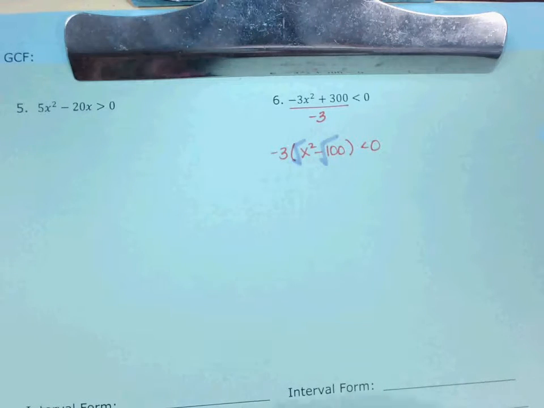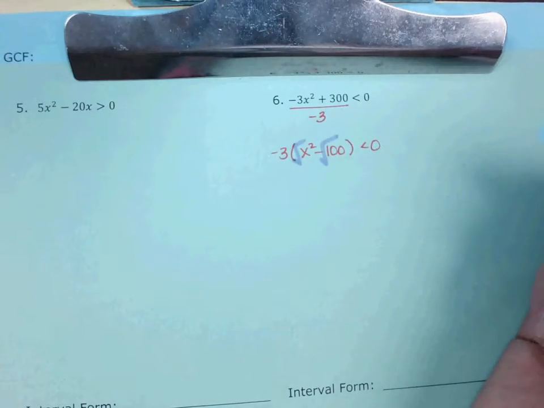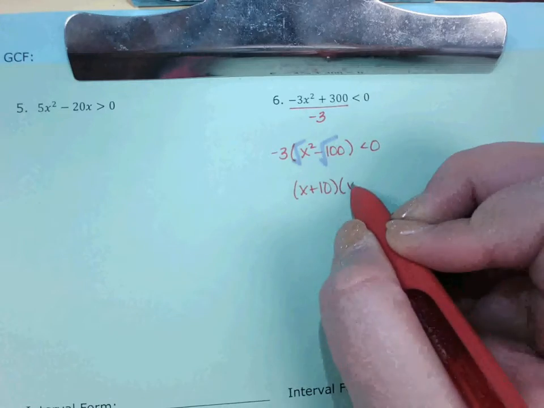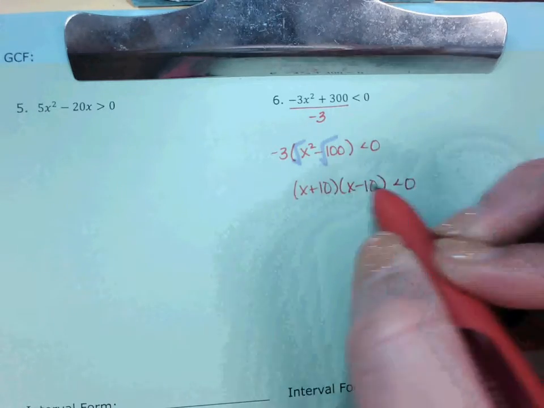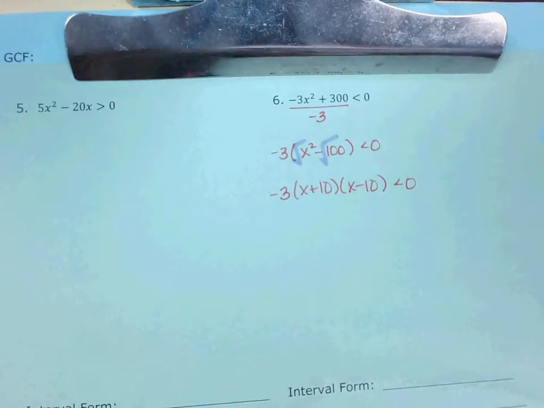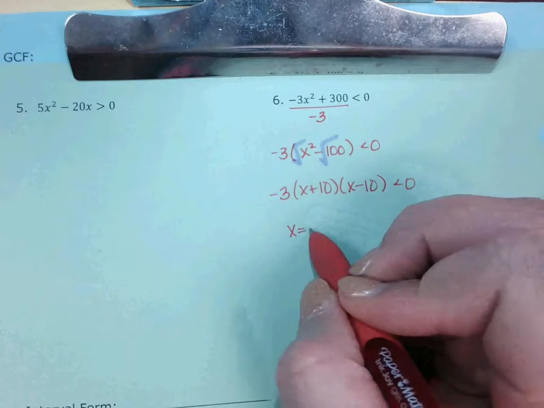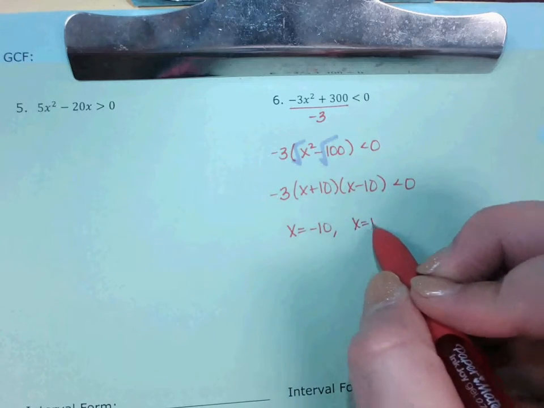Square root of 100 is 10. So I have an x plus 10 and an x minus 10. And don't forget the negative 3. Now I have a plus 10 and a minus 10, then what are my x's? First one's a negative 10, second one's a positive 10.